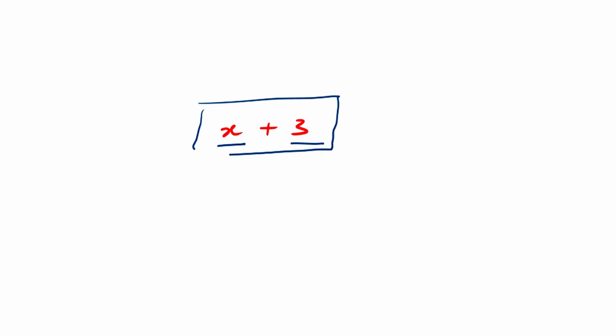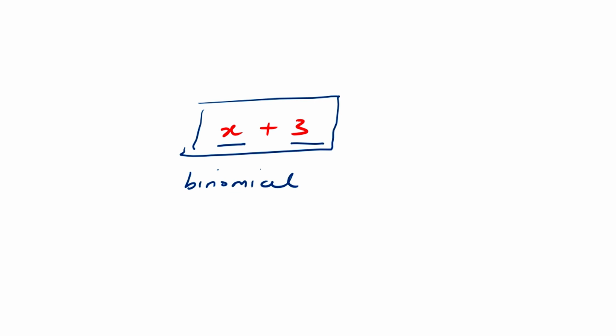Now, let's look at examples of binomial. s plus 3. Now, let's try and unpack this. s is a term, plus 3 is a term. And because it is an expression made of only two terms, it is a binomial.